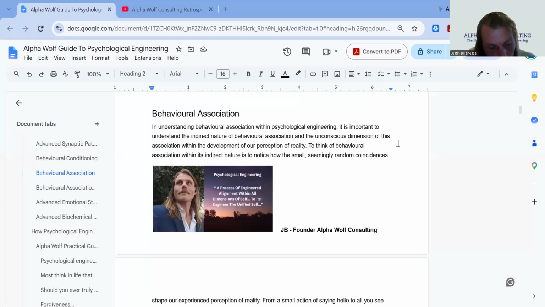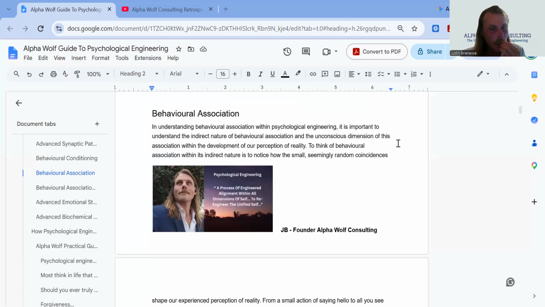So the emotional meaning that I put to the memory association, if it's an unconscious fear response, do you sort of get it, is a high level of emotional meaning that elicits the emotional state or biochemical state of fear. Do you sort of get it?